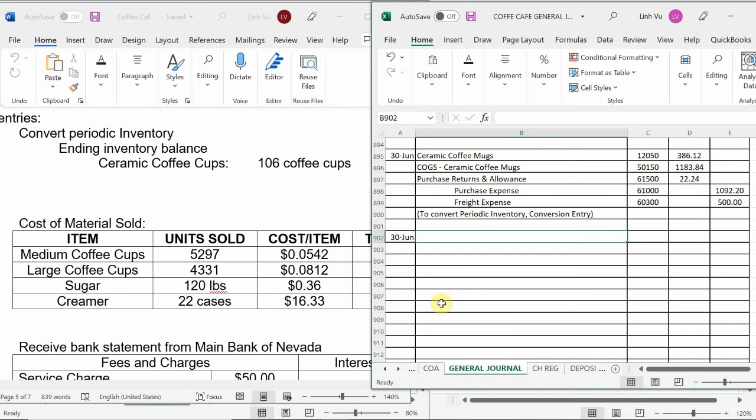You use counts medium coffee cups, large coffee cups, and sugar and creamer. Okay, good. Those to take them out. But what accounts do I need to use to show that I use those items? Inventory. Not inventory. These are not inventory items. They're business supplies.